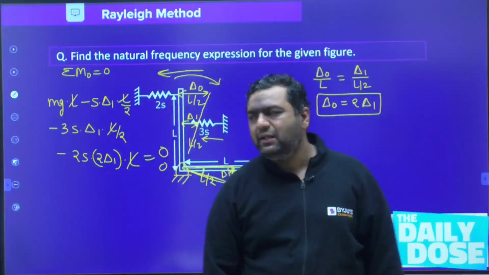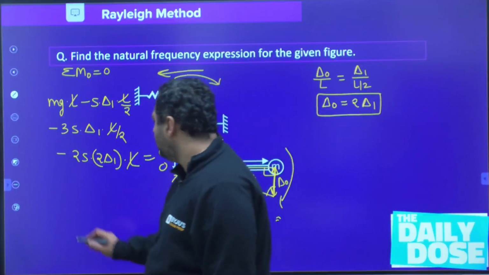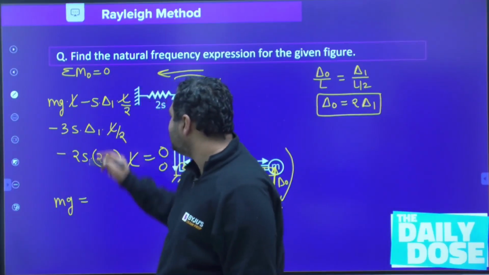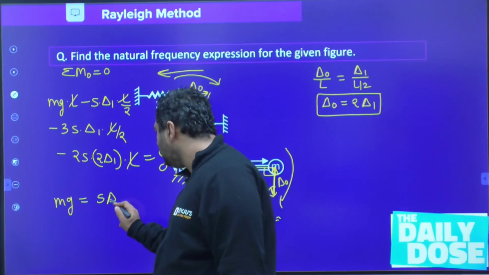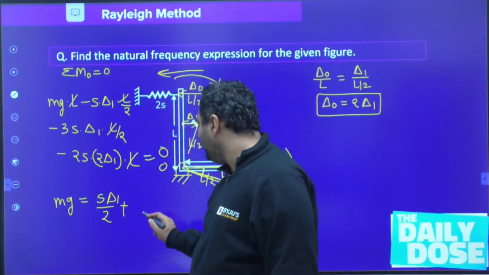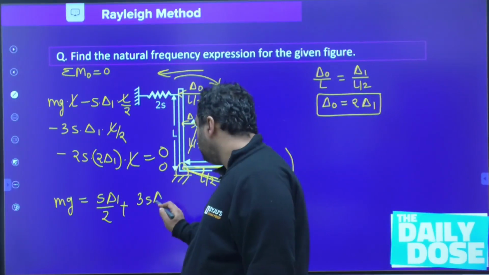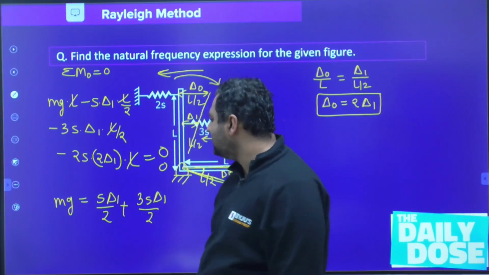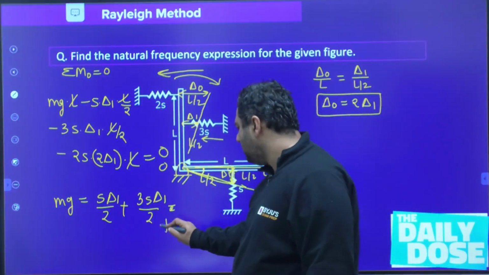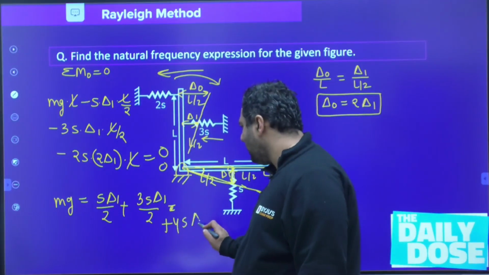After cancelling all the lengths, what are we left with? We are left with mg equals S delta 1 by 2, plus 3S delta 1 by 2, plus 4S delta 1.